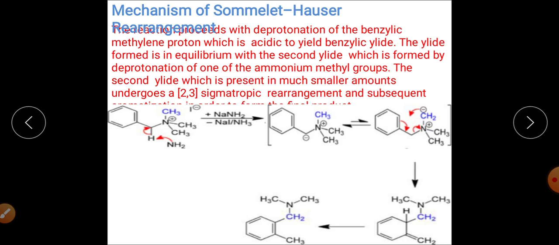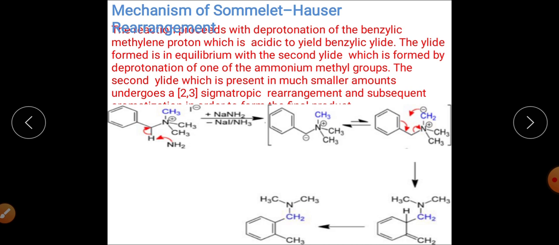So it is getting converted into another halide, right? After formation of this particular halide, this halide will attack at the ortho position and will undergo the 2,3 sigmatropic rearrangement reaction, and the bond between this carbon and nitrogen will shift itself to the nitrogen.